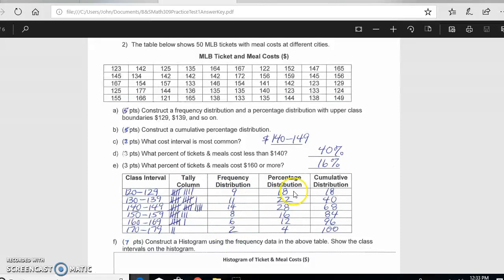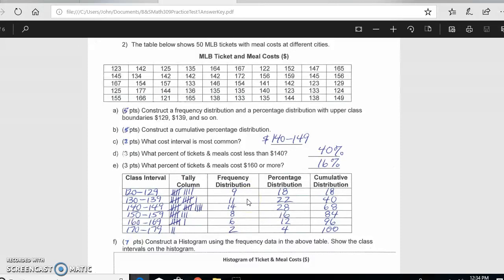In this column, we're going to convert the frequencies into percentages. You take the frequency, divide that by the total, which is 50, since there are 50 ticket and meal costs, and then multiply that by 100. So 9 divided by 50 times 100 means that 18% of the meal costs are between 120 and 129.